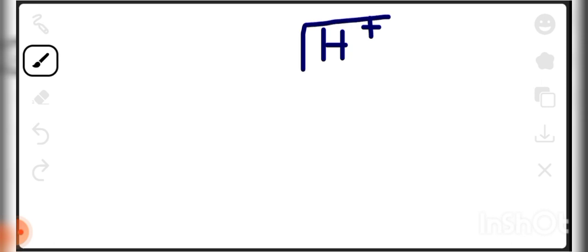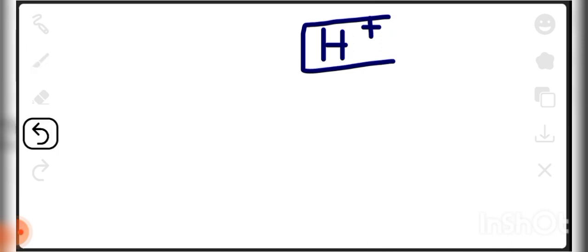In Bronsted-Lowry theory, H plus is a proton. Any substance that can donate this H plus is an acid. Any substance that can accept it is a base. So how do we get the conjugate acid and base now?